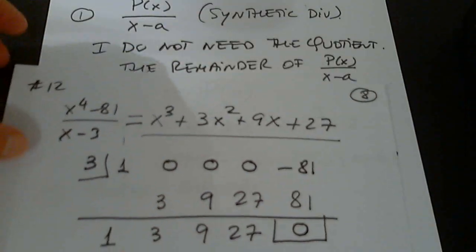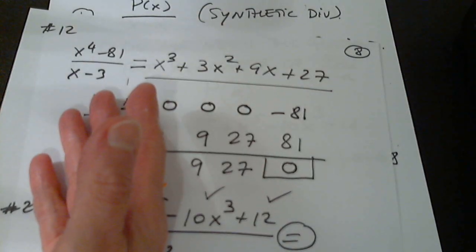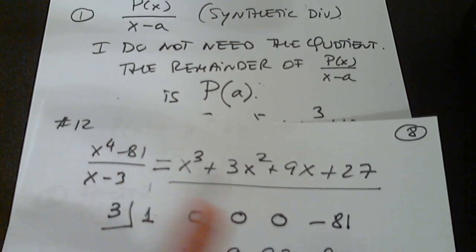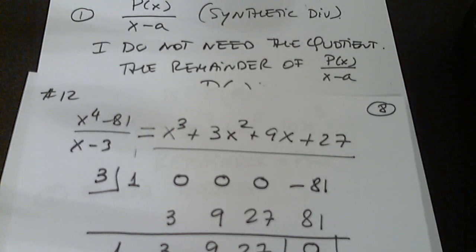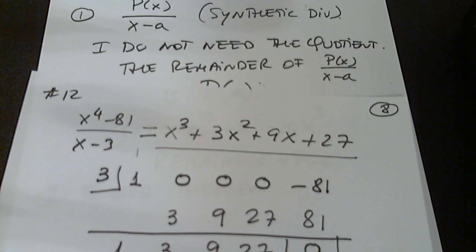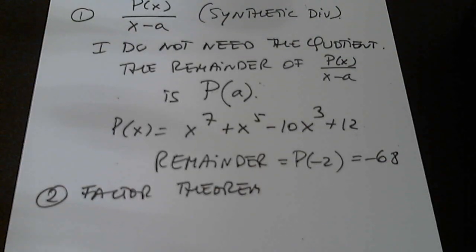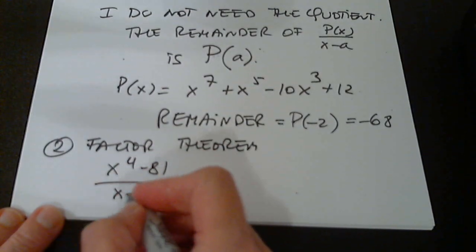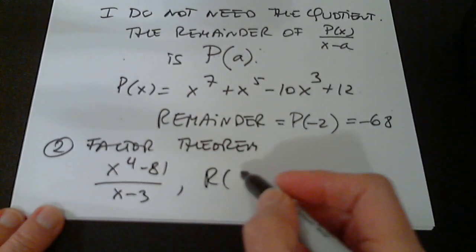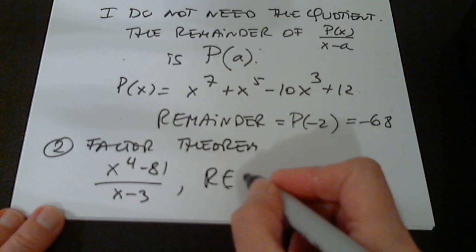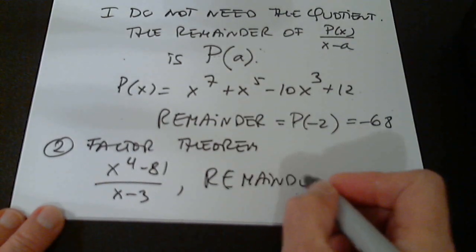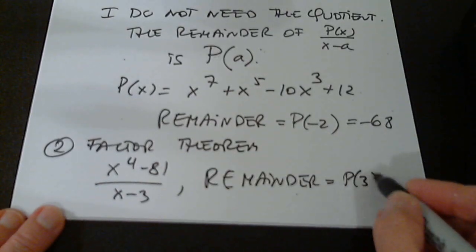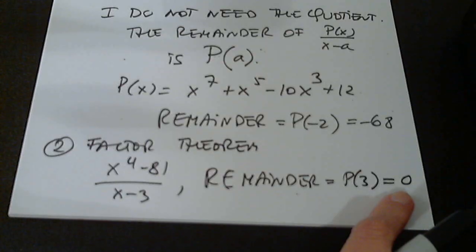So notice that this division of x to the 4th minus 81 over x minus 3 did not have a remainder. So I'm going to start by explaining with this example. So the remainder, like before, is this polynomial evaluated at 3, and the answer was 0.